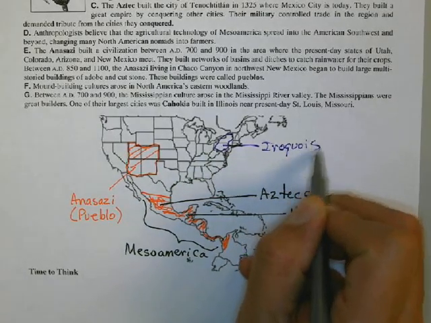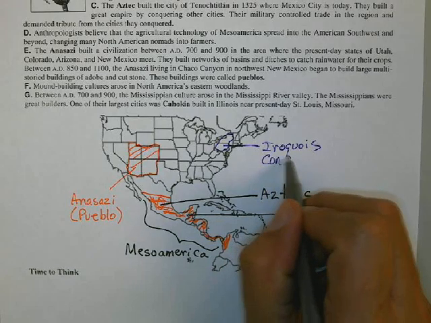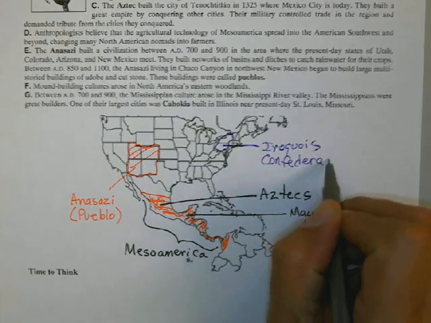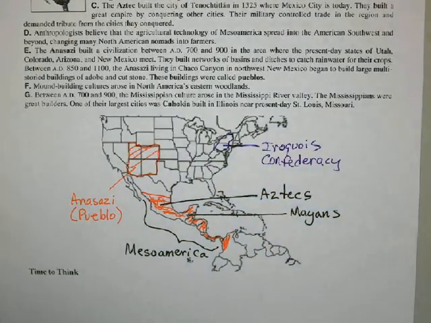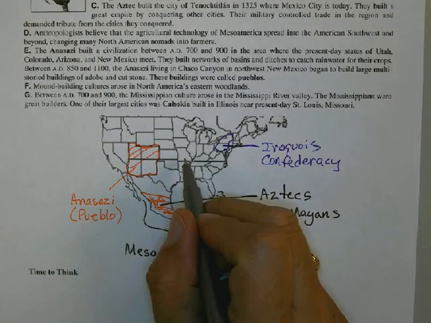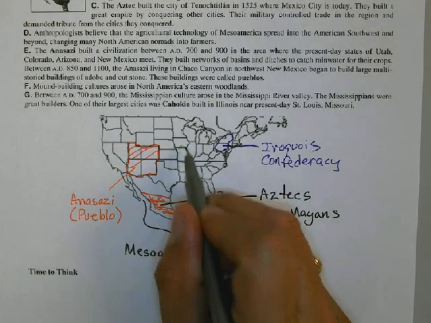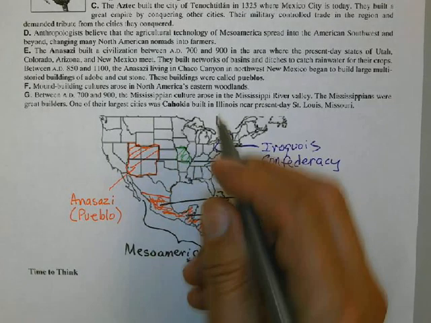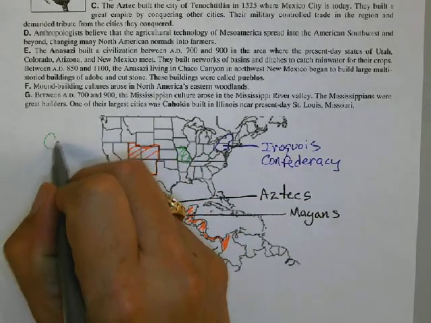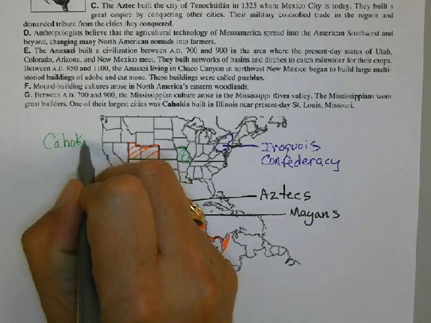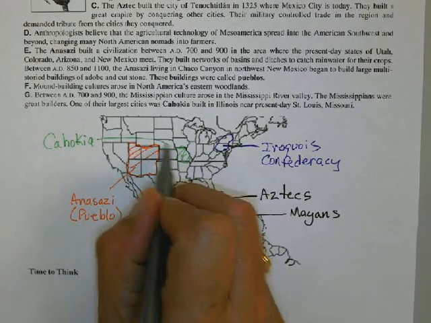They're going to be known as the Iroquois Confederacy. Another group are in this area, and this group are known as the Cahokia. These are the mound builders.